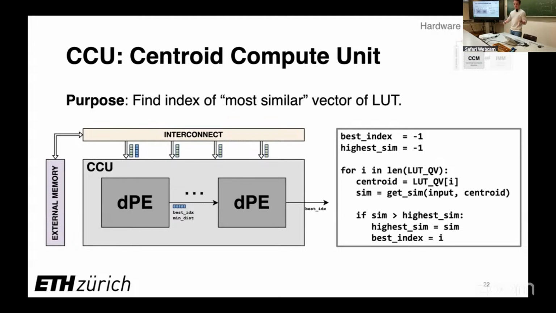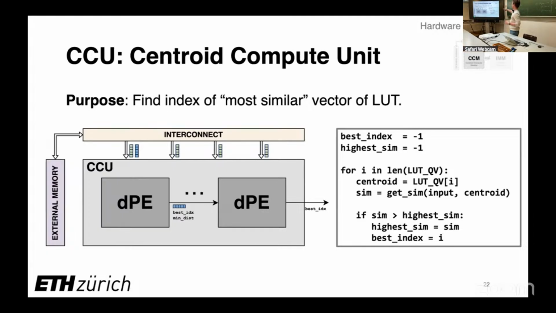And their job essentially is, if you were to implement this in code, it would look like this very basic algorithm where they compute the distance between a given input vector and the vector in that row of the lookup table. Each DPE computes it for one given row, and it gets the input from the previous row.